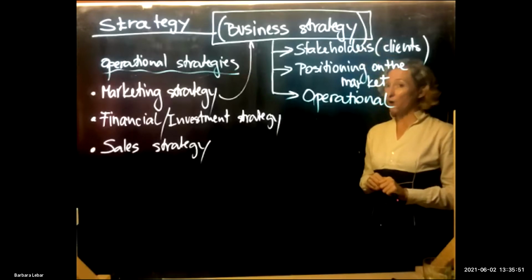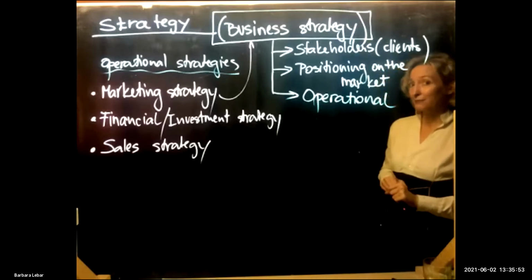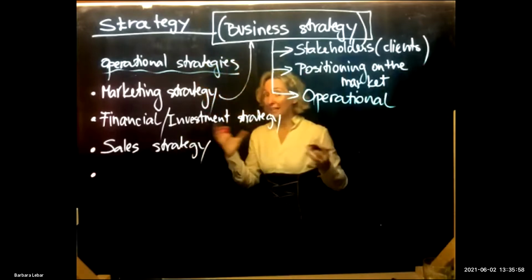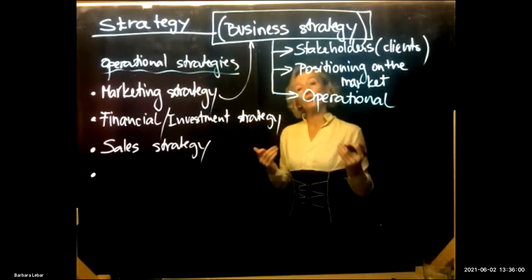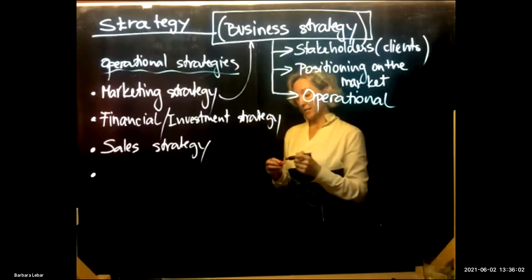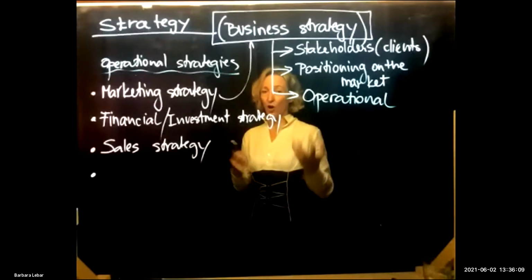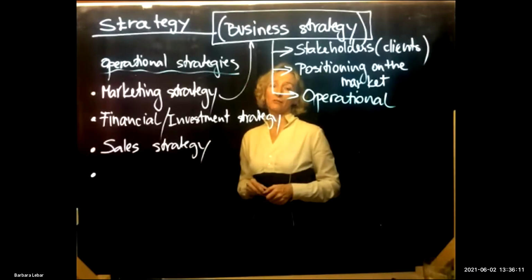So quite commonly companies also have an HR, human capital strategy, so everything to do with the people, especially those companies that are highly dependent on the skills of the people, on their high-skilled force.